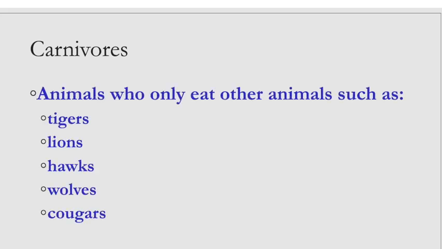Next is carnivores. Carnivores are animals who only eat other animals, such as tigers, lions, hawks, wolves, cougars.